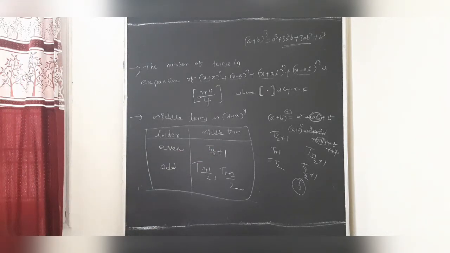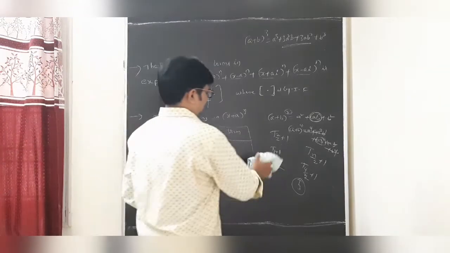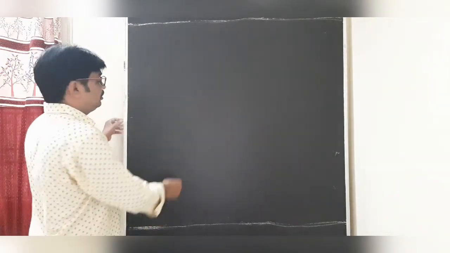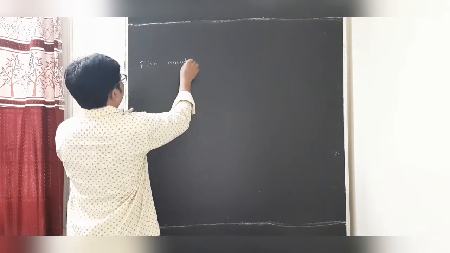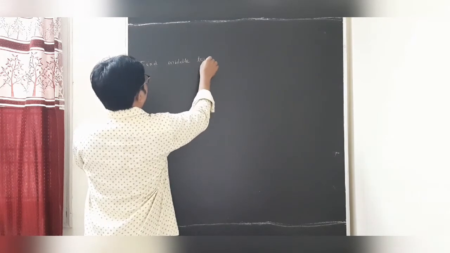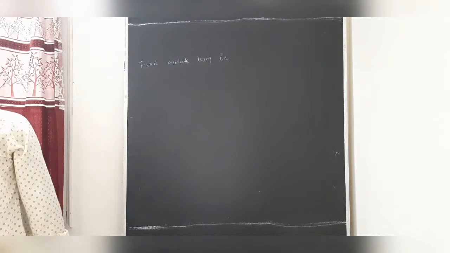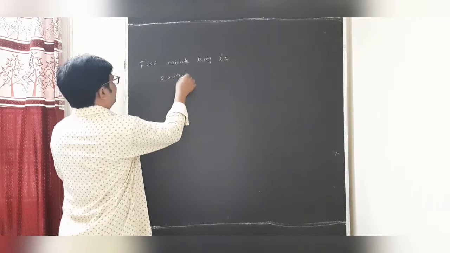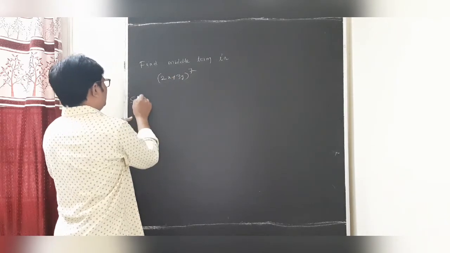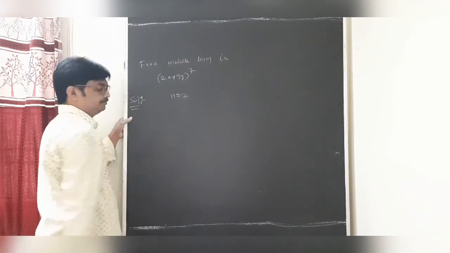Okay students, right now we will find the middle term in the expansion. Write down: find the middle term in the expansion of (2x + 3y)^7. Here n = 7, which is odd.